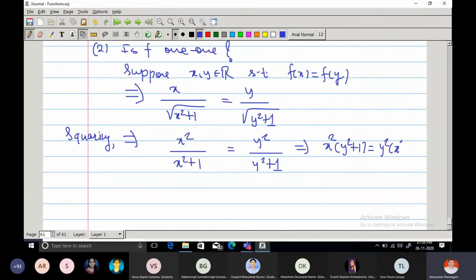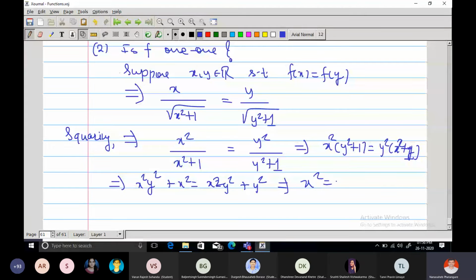Cross multiply. Further, what next? x square y square plus x square is equal to x square y square plus y square. Correct? Something gets cancelled. What gets cancelled? x square y square. So what remains? x square is equal to y square. But see, x square is equal to y square. Can we say that x is equal to y? Yes?